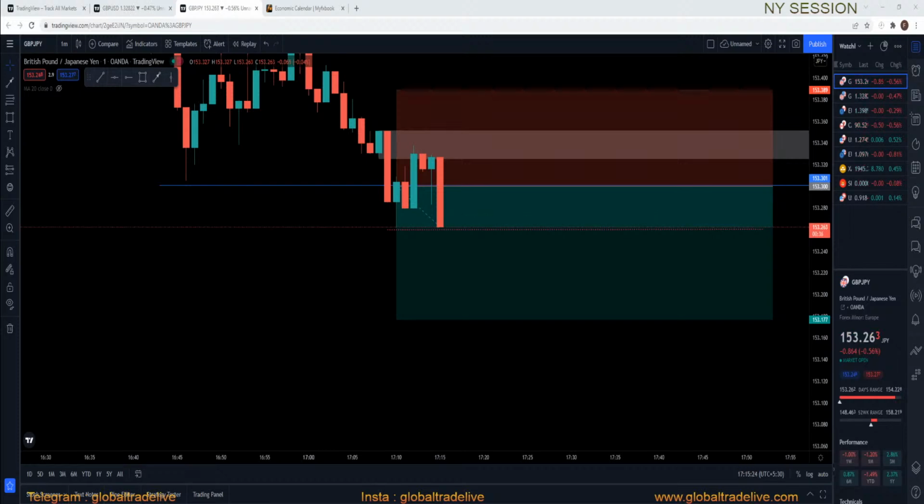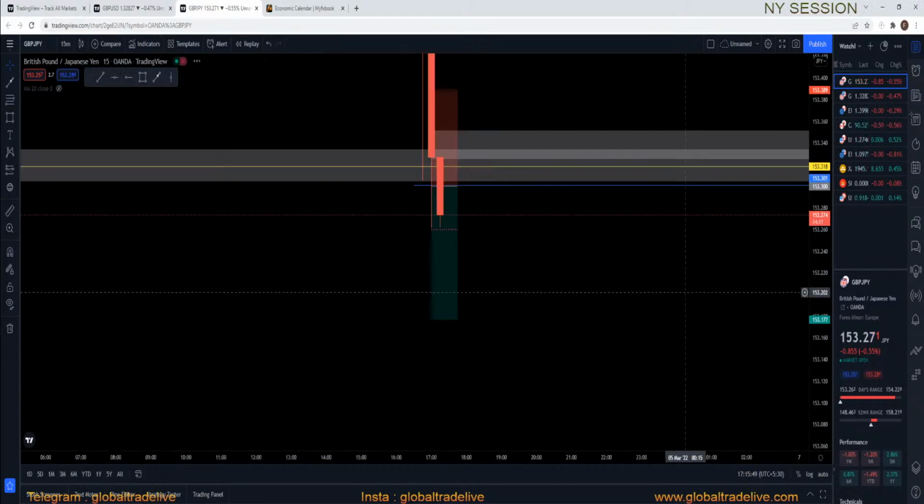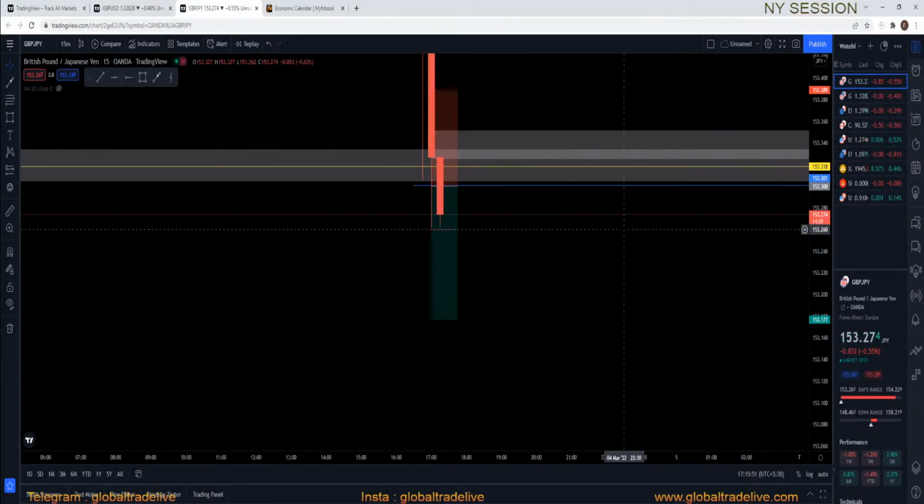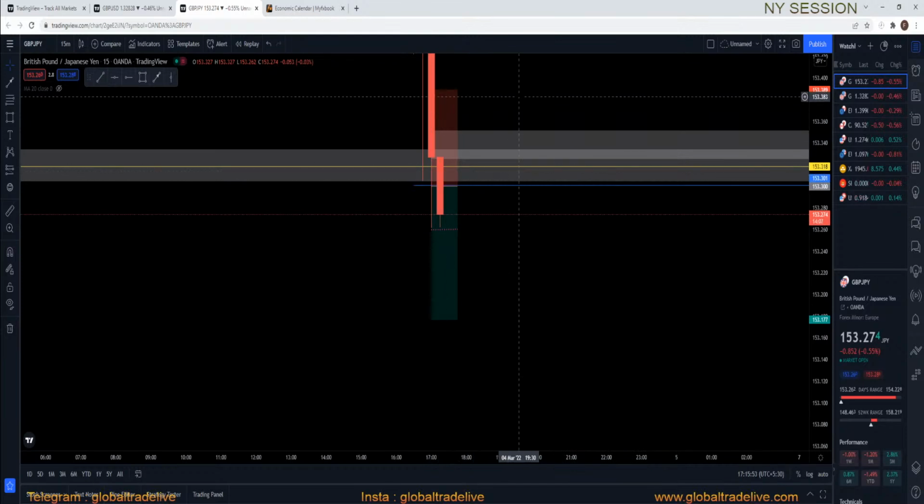It just broke the low over here, and I think now it should continue moving down. My trade is running in 3 pips again. Let's see if it continues moving down. Oh, actually the 15-minute candle just closed like this.